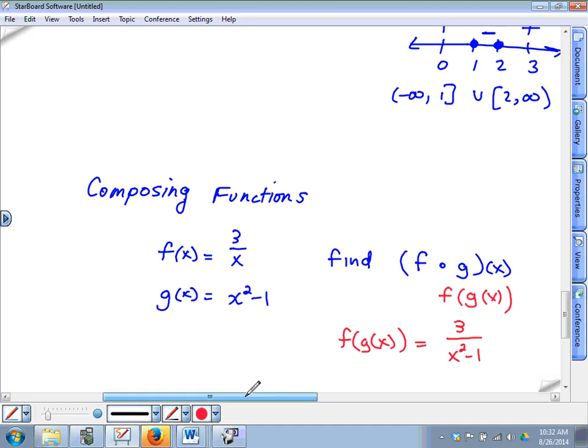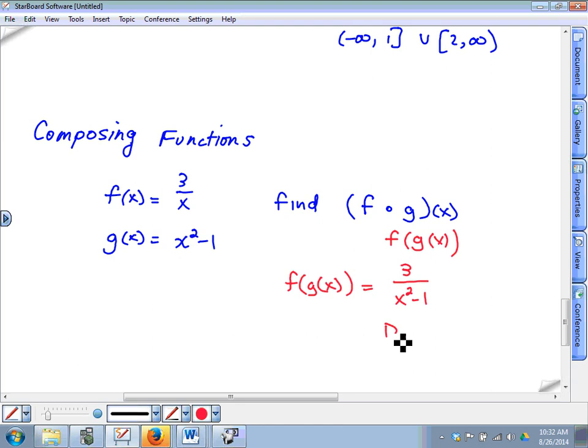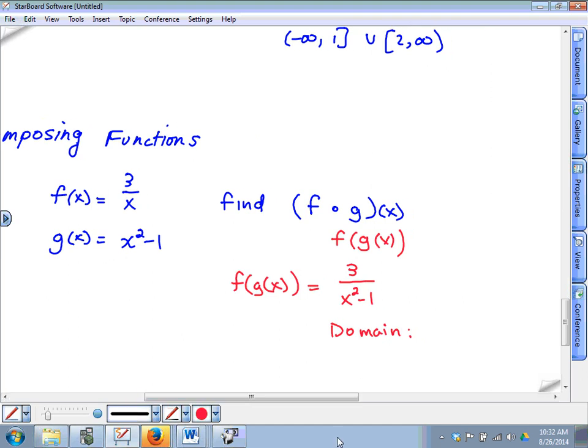Okay. And if you thought you were done, think again. What's the domain of the composition? It's all real numbers except for two. There's two numbers that don't work.